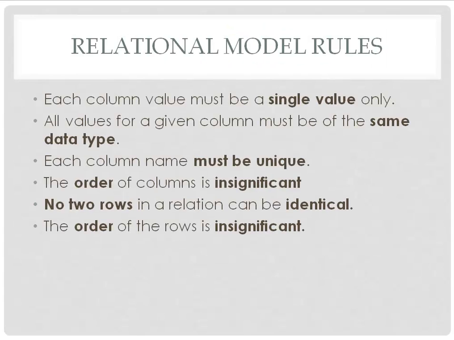I want to talk about something called relational model rules, which are basically some guidelines to go by when you're creating a relational database. Alright, so these are very basic. Each column value must have a single value only. And this isn't always followed, not by any means.